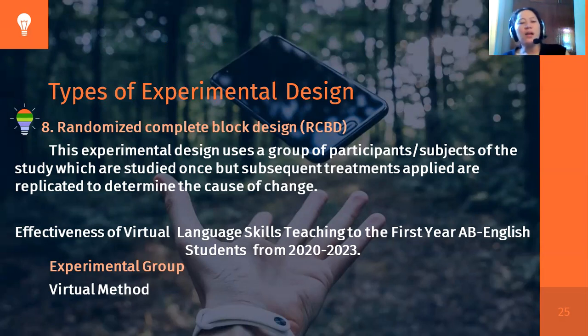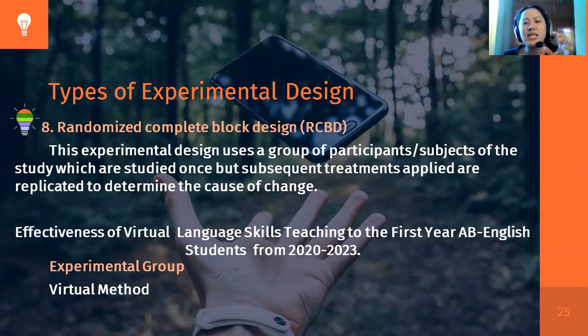So this experimental design uses a group of participants or subjects of the study which are studied once, but subsequent treatments applied are replicated to determine the cause of the change.